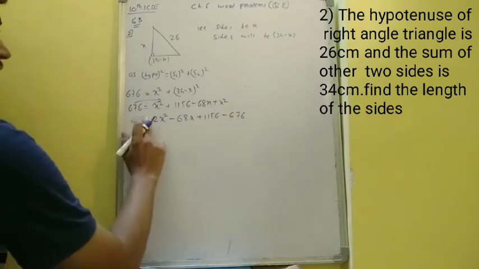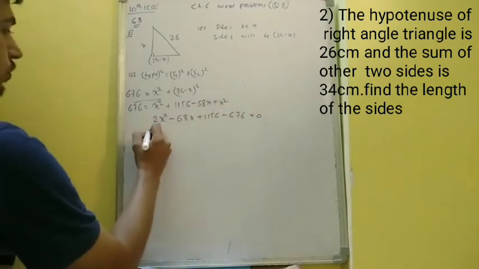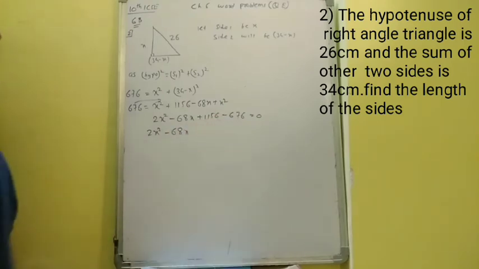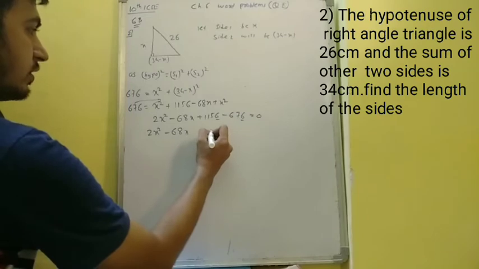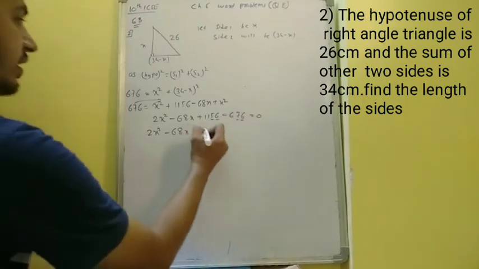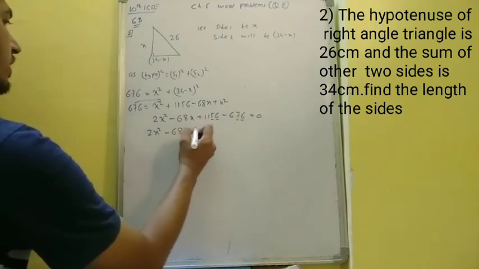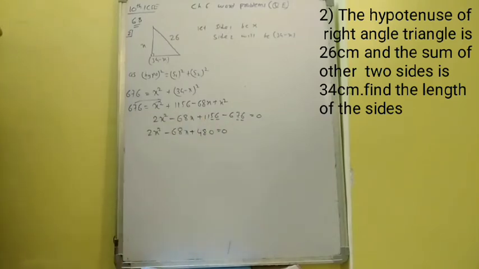So 2x square minus 68x, then we will subtract it. It is 6 minus 6, 0. 5 minus 7 is not possible, so 15 minus 7 is 8. 10 minus 6 is 4, and this is 0. Okay, each and every term is divisible by 2.